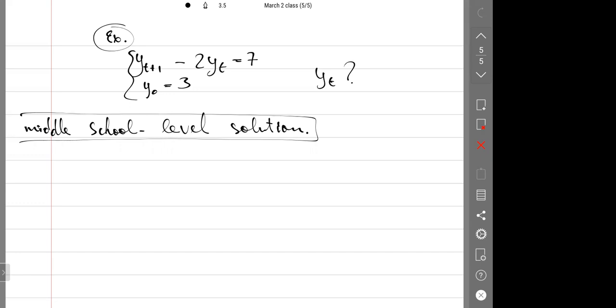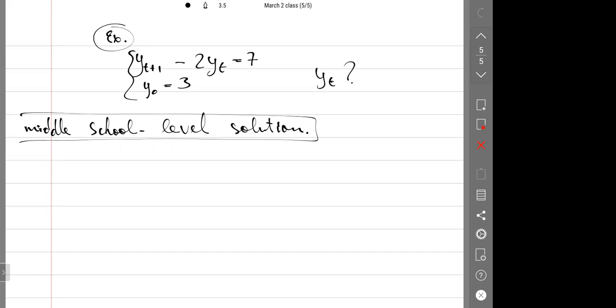Basically, yes, try and guess a solution, just input the value you already have, and we may do it by induction.